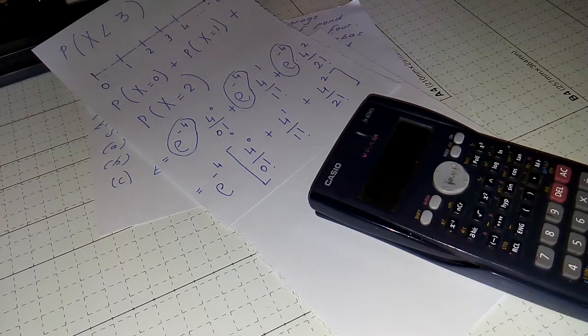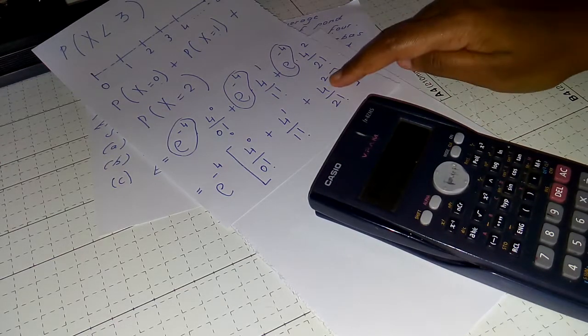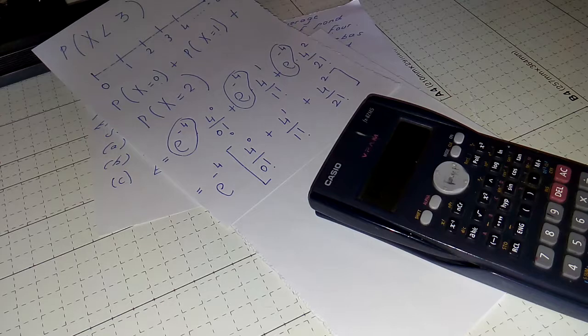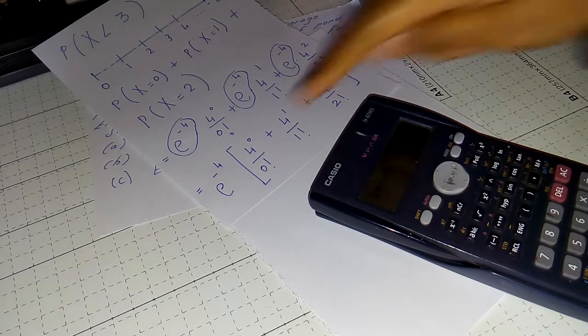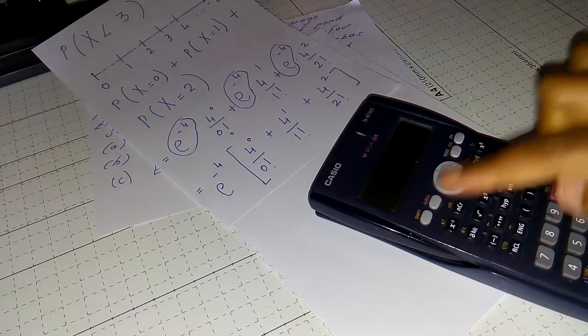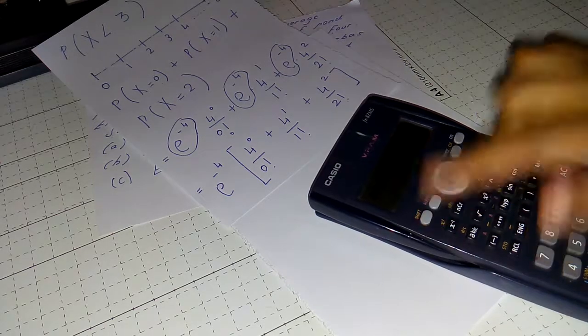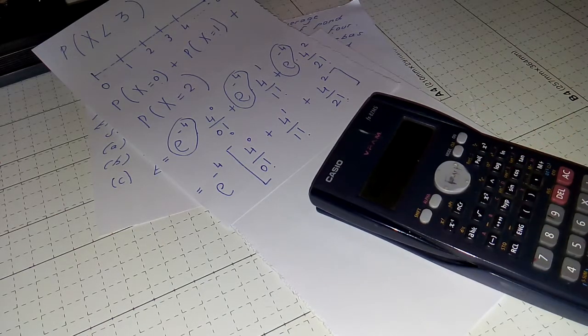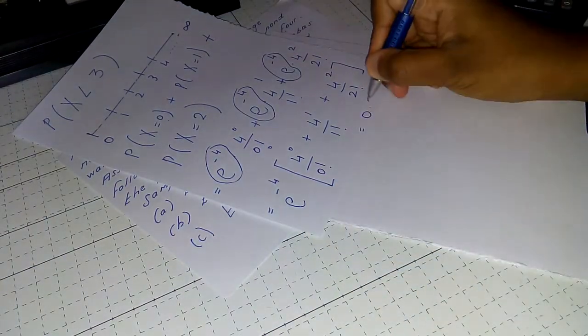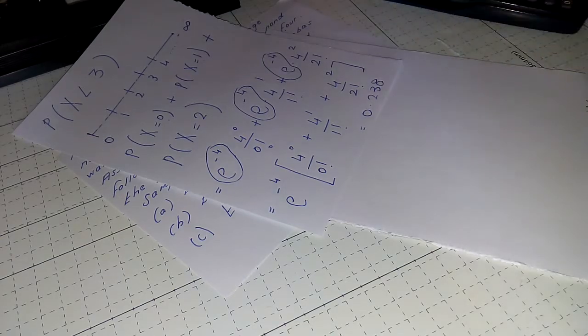Plus 4 power 2, which is 16 divided by 2, which is 8. We get 13. Now 13 needs to be multiplied by this exponential, so we multiply by the exponential of power negative 4. You are going to get the answer 0.238. So the answer is 0.238.